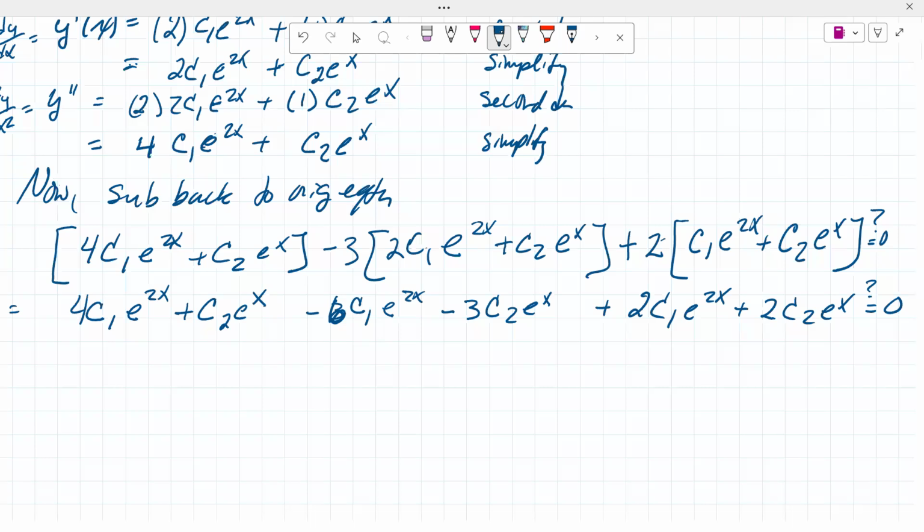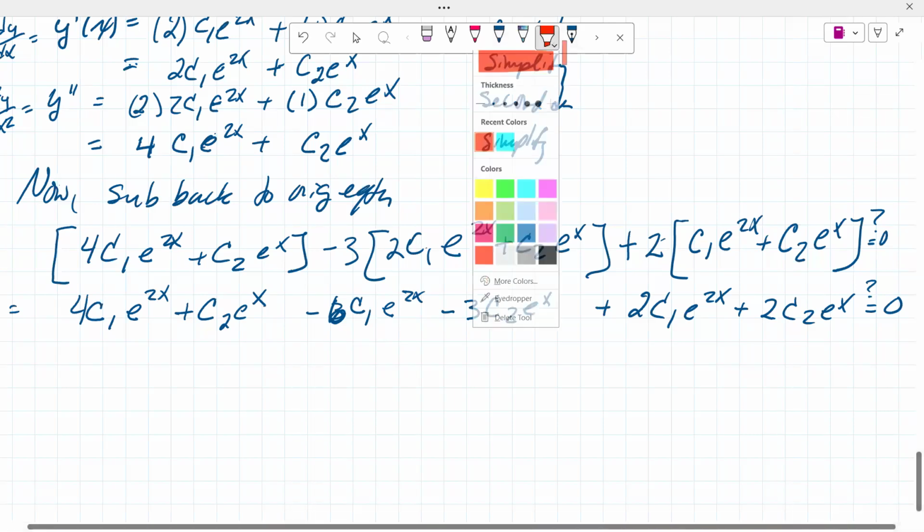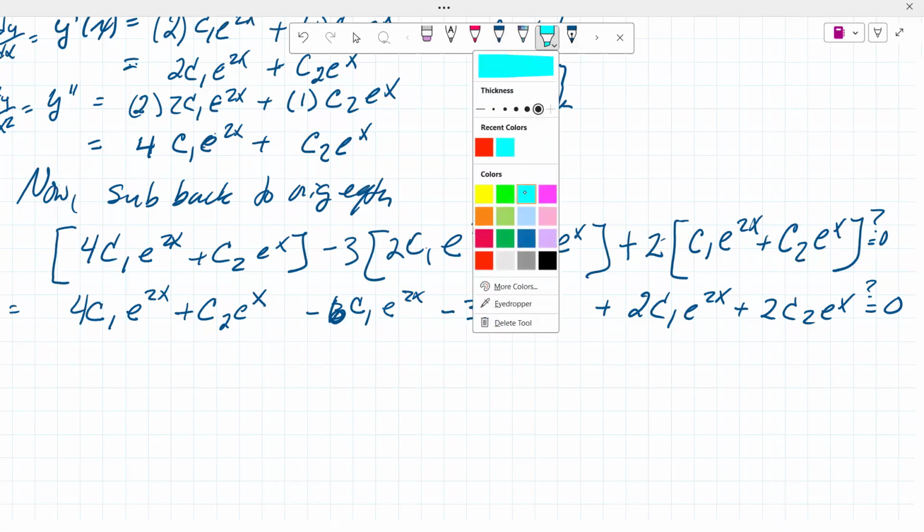All right, now what we're going to do is put together the ones that have the c1s. So this might be a helpful thing to do. I'm just going to grab my highlighter here.